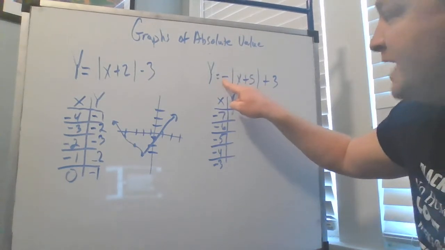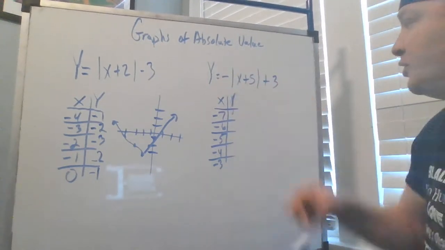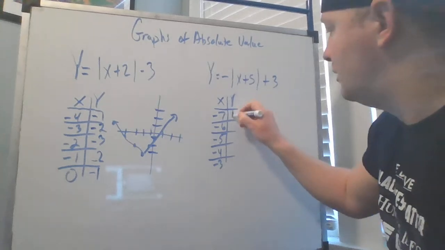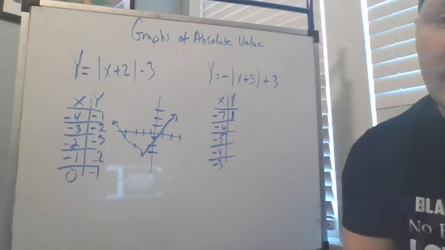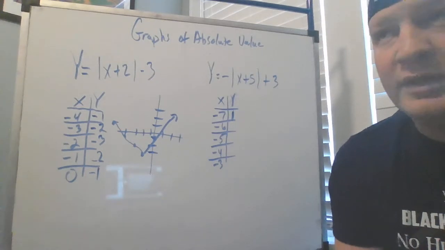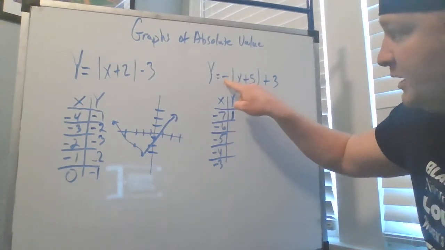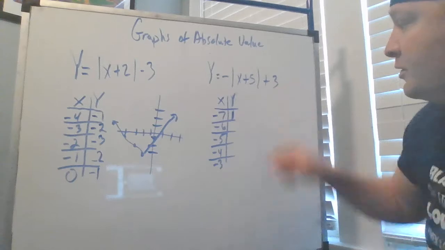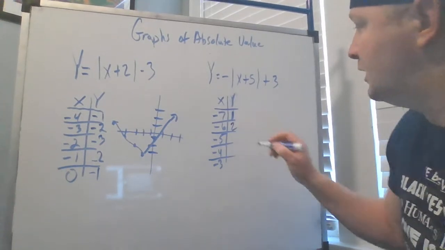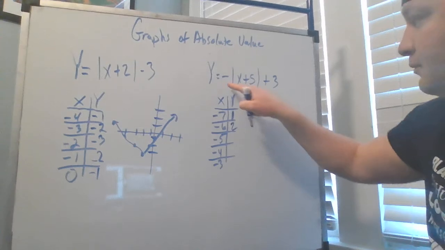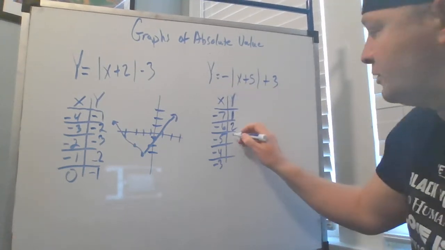The opposite of 2 is -2. -2 plus 3 is 1. -6 plus 5 is -1. Absolute value of -1 is 1. Take the opposite of 1, which is -1, plus 3, which is 2. Duh. 0. The opposite is 0, 0. 0 plus 3 is 3.